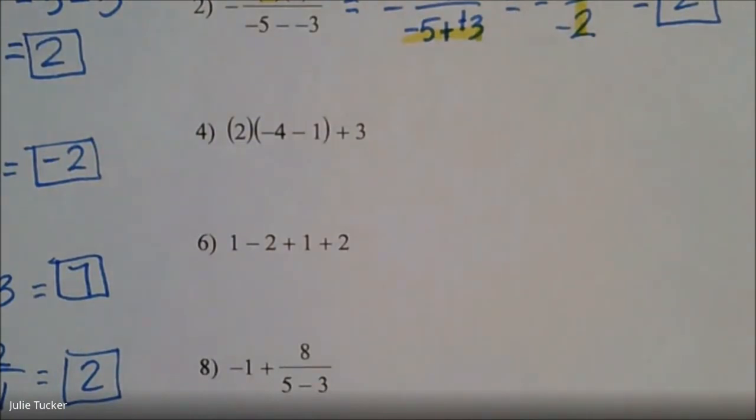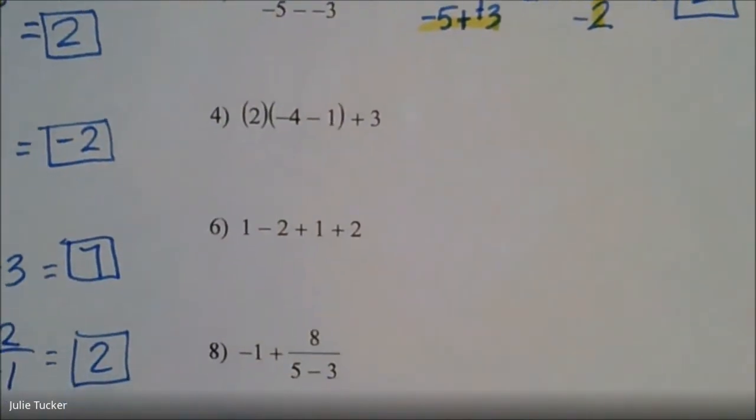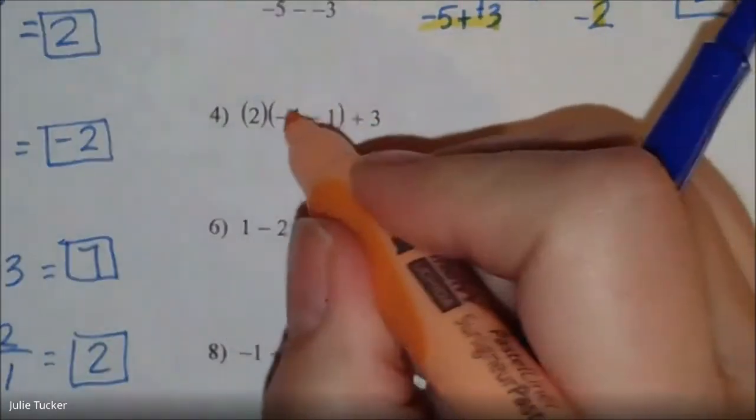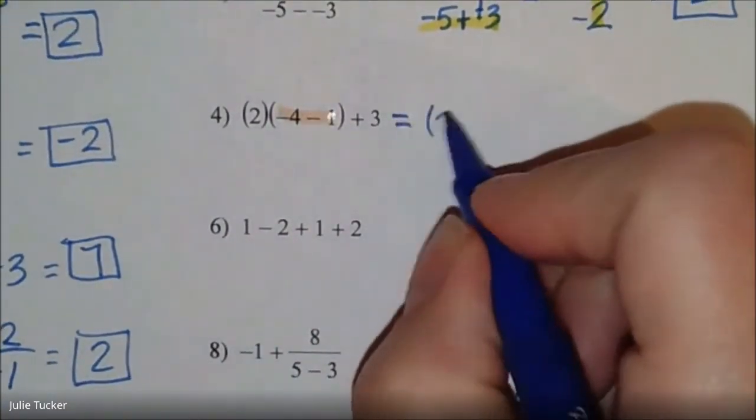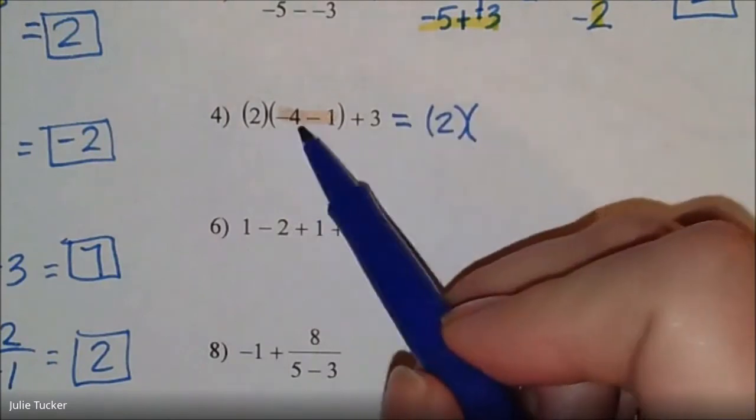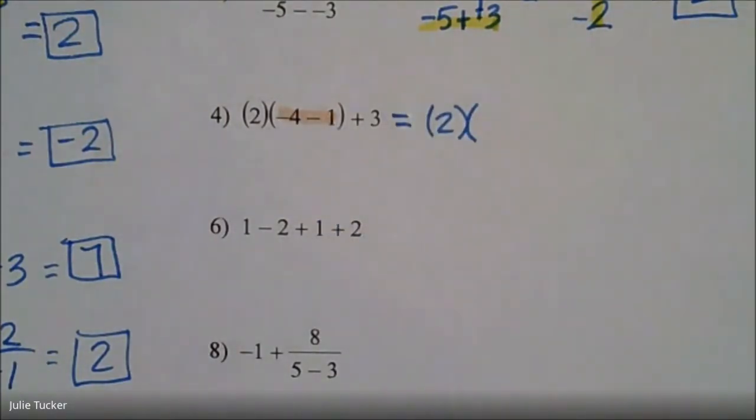So what should I do first? Good. So just this one, right? So this is going to be 2 times, what is -4 minus 1? -1. Good job.